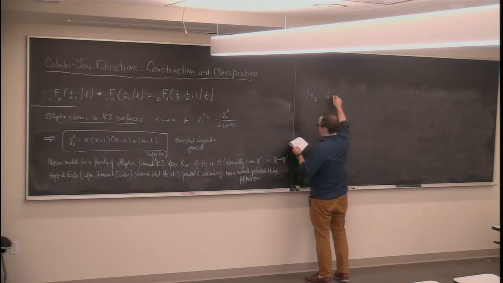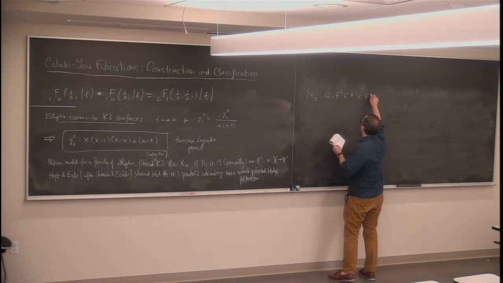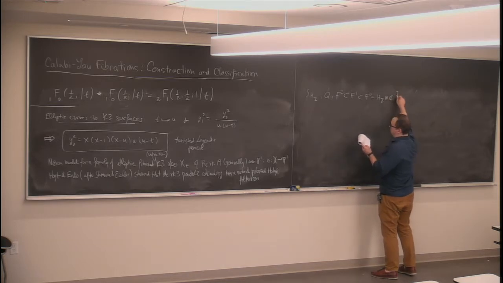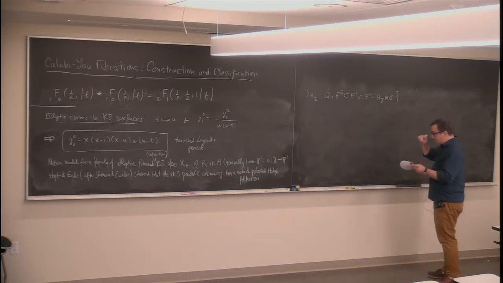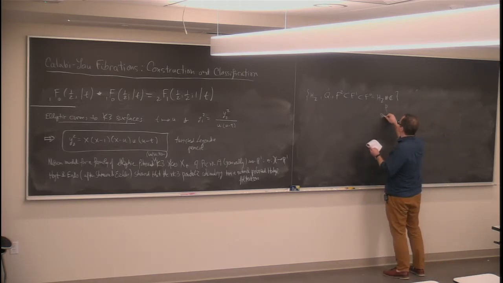H_Z, Q, F2 contained in F1, contained in F0, which is H_Z tensor C. Okay, so let's see what everything here is. So this one, F0, is spanned by suitable meromorphic differentials of the second kind. Okay.